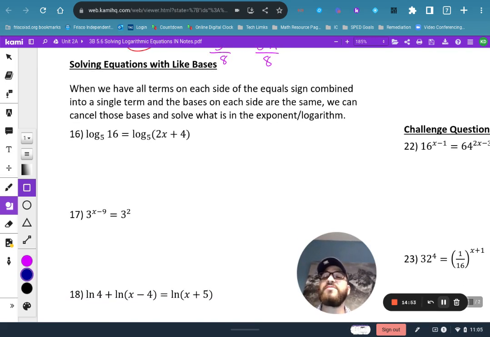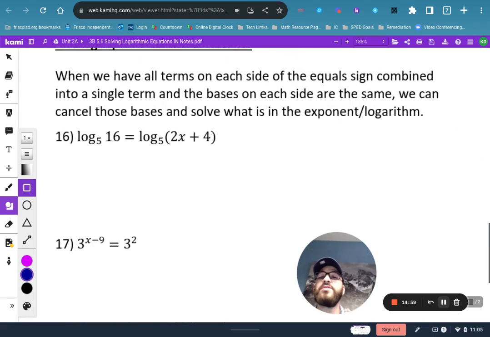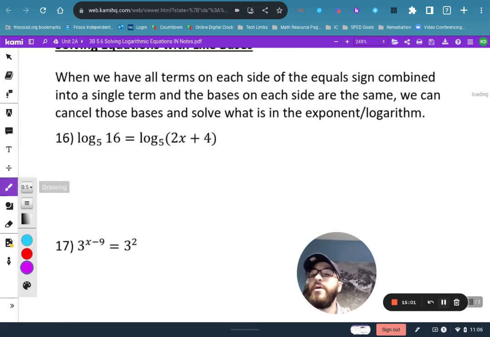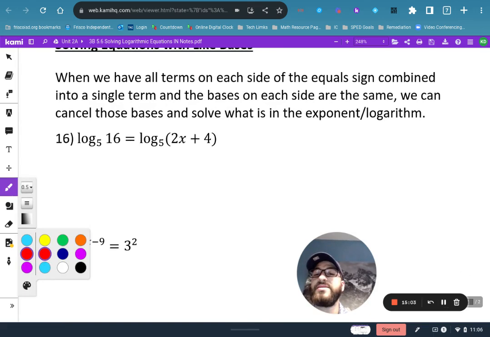We have log base 5 of 16 is equal to log base 5 of 2x plus 4. Those bases are the same, so I could do my hook method if I want to, but I already know that if the bases are the same, I can cancel them out on both sides. So this one would become 16 is equal to 2x plus 4, which I can then minus 4, minus 4.